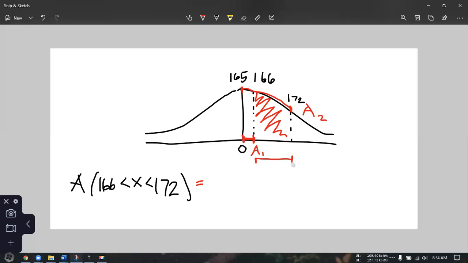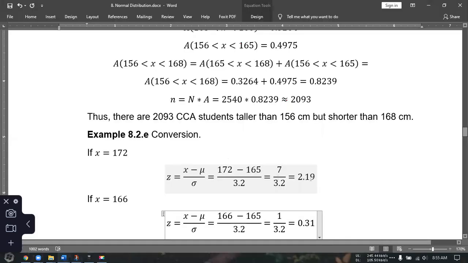Try, sir. Sige, Darwin. Add the two values, then subtract from 0.5. Once we get the z-score at 166 and at 172, add them, then subtract from 0.5. The z-score or the area? The z-score.